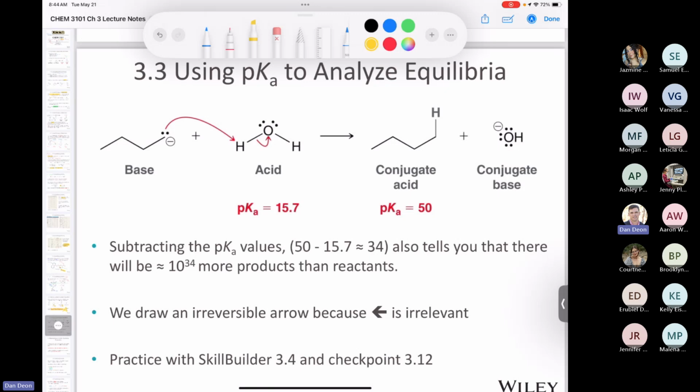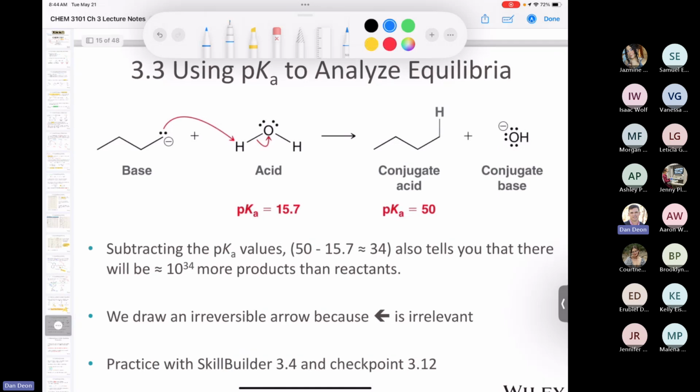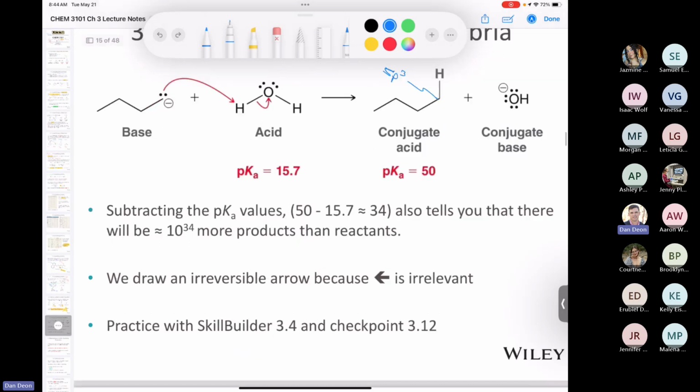We have our acid, which is water, which is 15.7, and our conjugate acid, which is an alkane. Remember that this carbon here is sp3 hybridized. So there's a huge difference. In that case, we don't even write the arrow in the opposite direction. It's totally irrelevant, okay? We only do that when there's a small difference between the two.